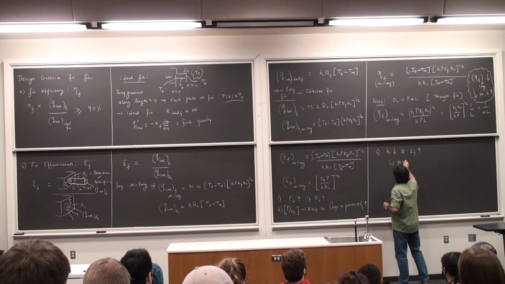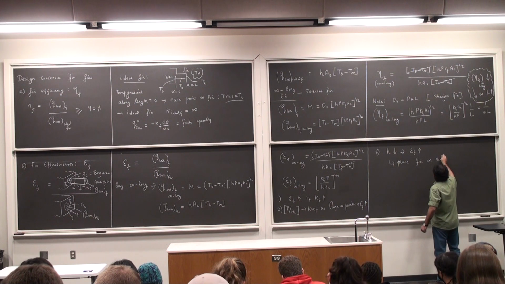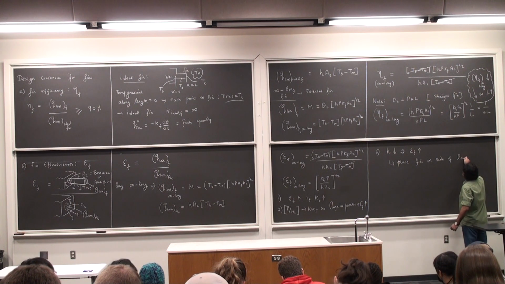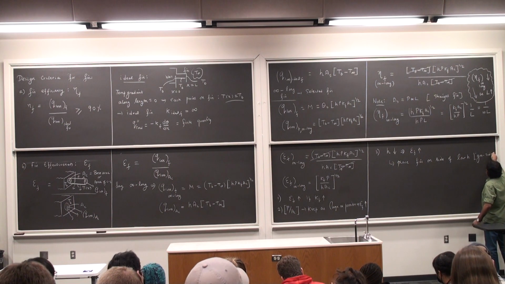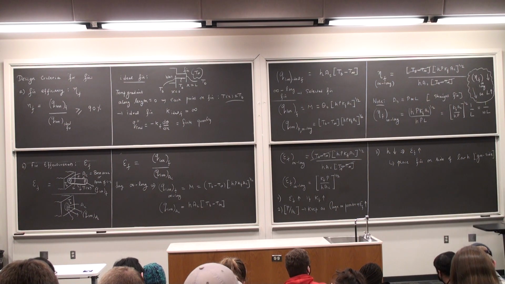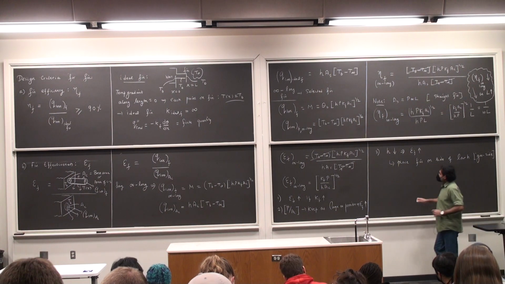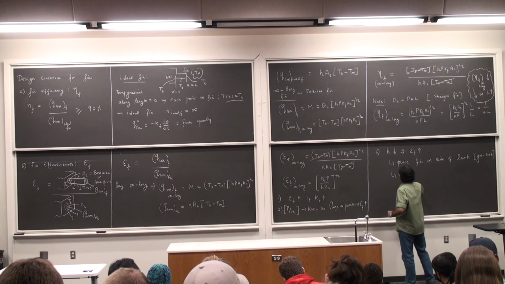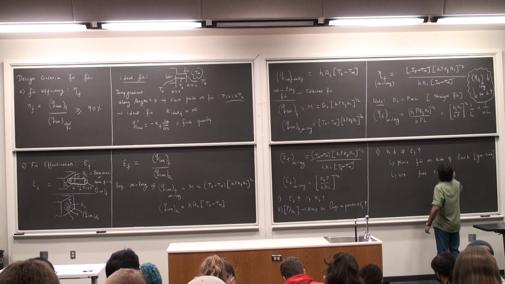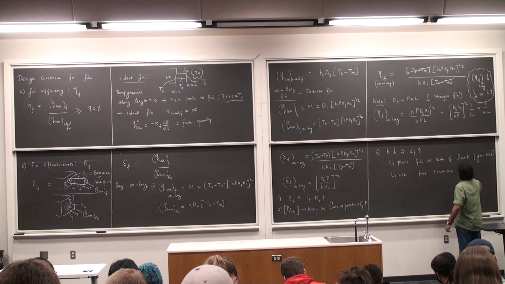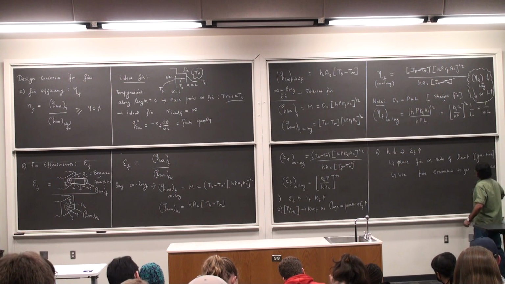And so two considerations come from here. Place fins on the side of low H, typically the side which has the gas, the ambient fluid, and use free convection to get a low H value.